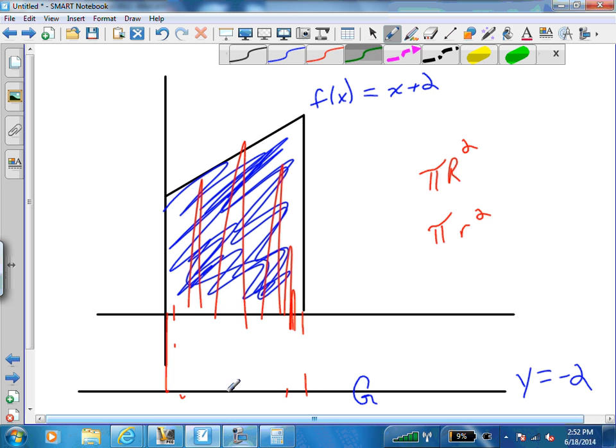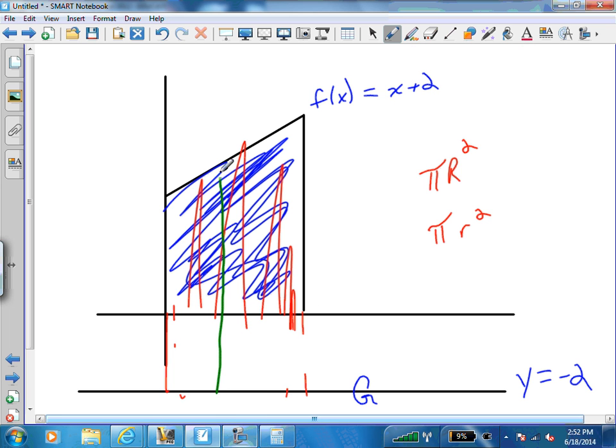It's always a good idea to pick an x that we know the distance and see if we really get the correct radius. When x is 0, our y is 2. So if this is 2 and this is -2, what's that distance? 4. If I put a 0 in for x, what do we get for the radius? 4.